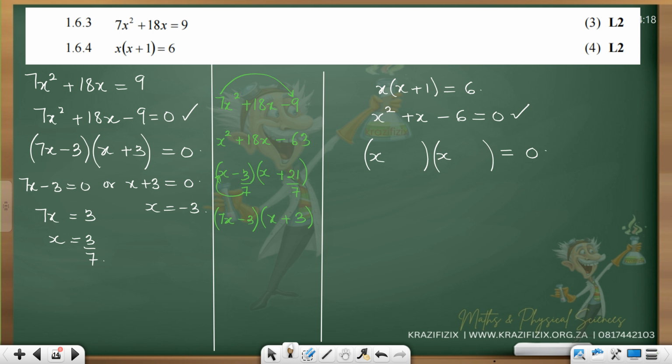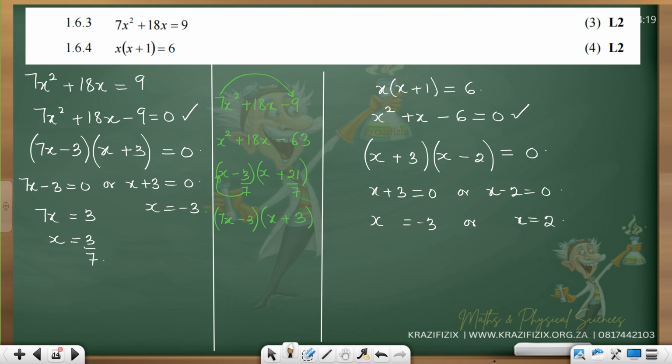This one is always tricky, but here 3 and 2 should work. 3 and 2. But I want a positive 1. So the bigger number should be positive. Positive 3 minus 2. Sweet. So x plus 3 equals 0, or x minus 2 equals 0. Therefore, x equals negative 3, or x equals 2.